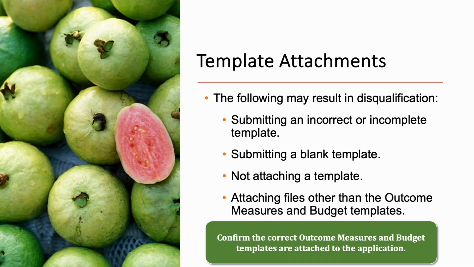Once again, please double check to make sure you attach the correct outcome measures and budget template to your application before you submit. Note that both were updated in 2025. Please ensure you downloaded the most recent version from the Specialty Crop website.